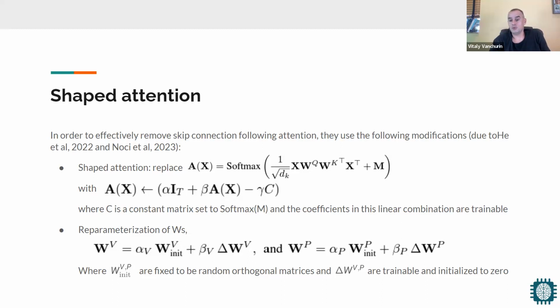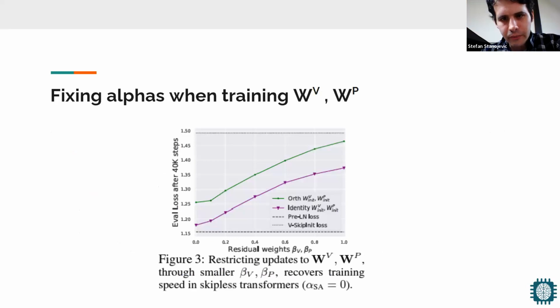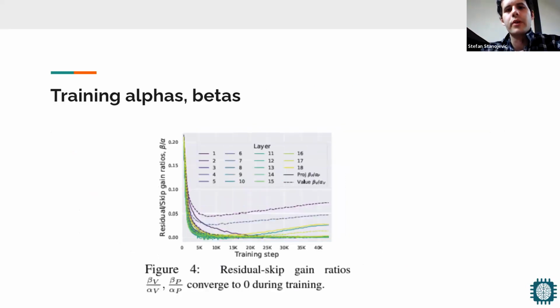In a way, there is the symmetry. You can always rotate, and nothing is going to change. So this is just to argue that we can remove betas, and then what follows from there is that we can set WP and WV to identity, and then show that results are good.